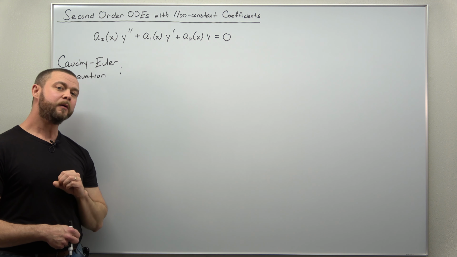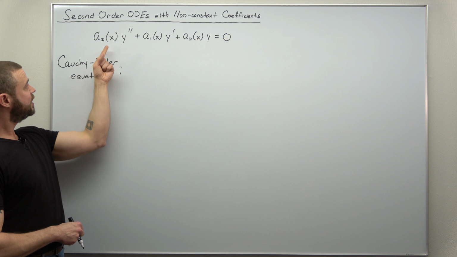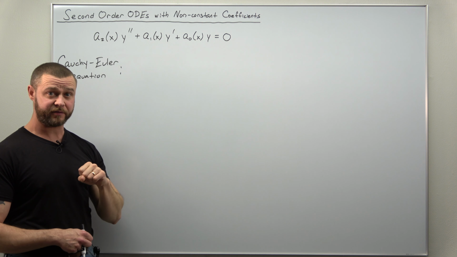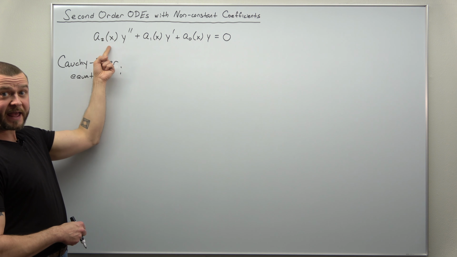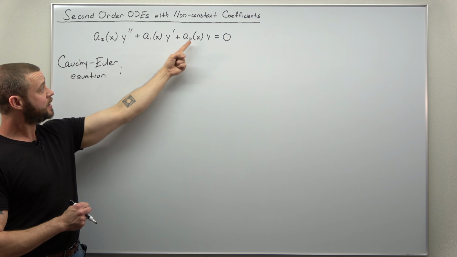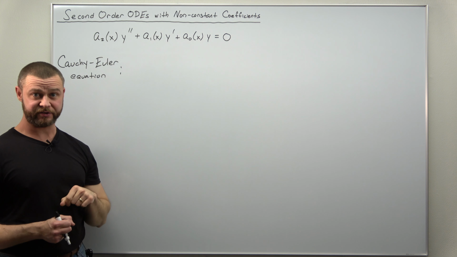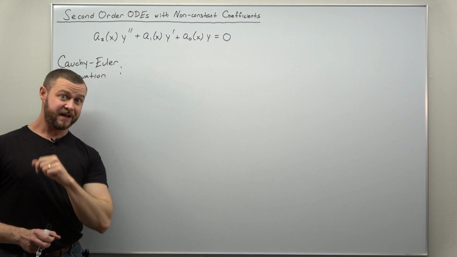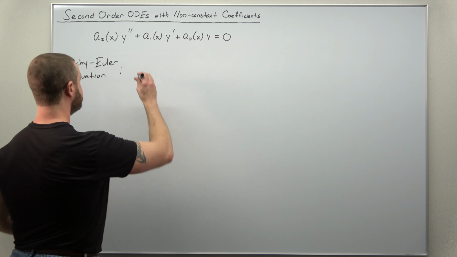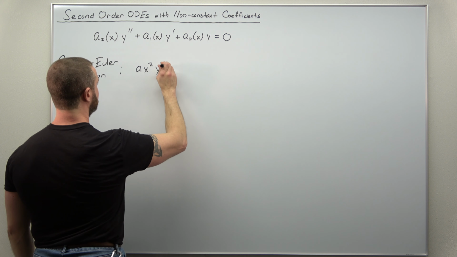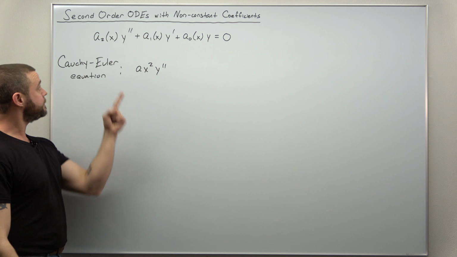We're going to start with powers of x, where the power of x matches the order of the derivative. So here we might have an x squared term, here just an x term, and here just a constant term. So let's write down the general form of a Cauchy-Euler equation. It looks something like a x squared times y double prime.